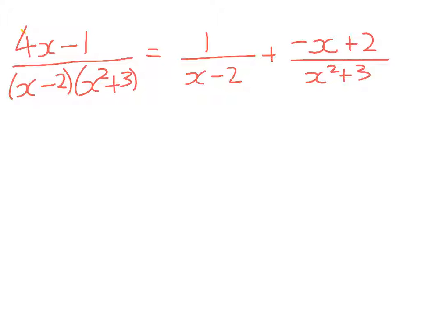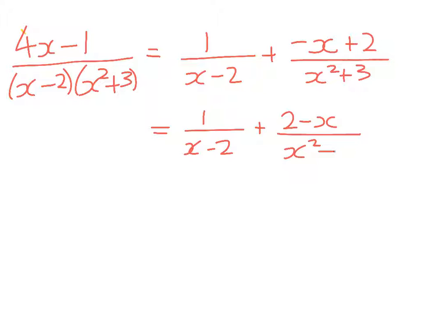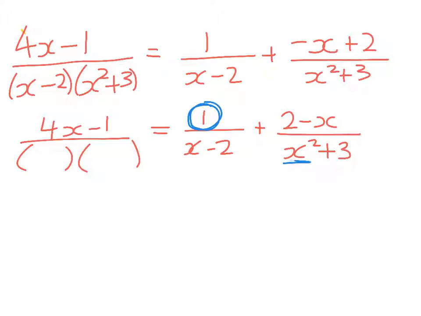And that's going to look nicer if we write it like this: 1 over x minus 2 plus 2 minus x over x squared plus 3. Once you've done a few of these, you'll get into a pattern of recognising that if we end up with a 1 here, you can start to see the cross multiplication happening. You're going to have a minus 1 or a minus x here to get that all to work out.